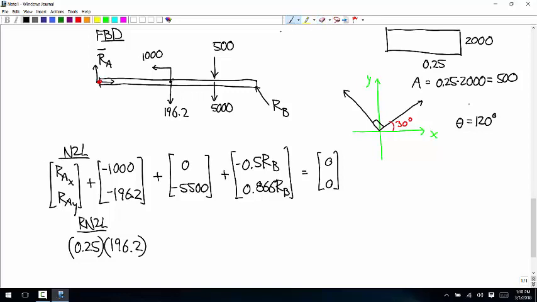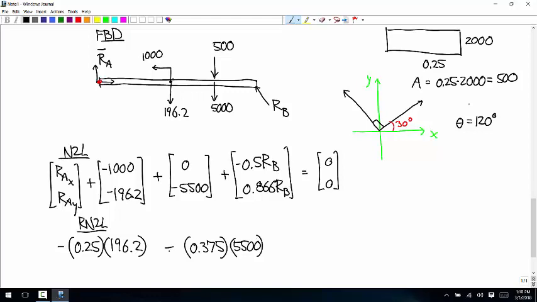Yep, that's clockwise, so that's negative. And then the force of 5,500, what's the moment arm for that? Yeah, that's halfway between 0.5 and 1. So that's 0.375 times 5,500. And is that clockwise or counterclockwise? Yes, that's also clockwise, so negative.